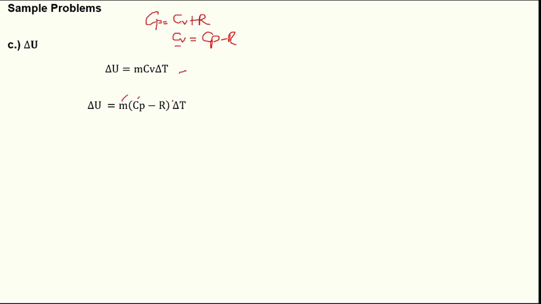So, meron kang mass, meron kang Cp, meron kang R, meron kang delta T, direct sub. So, delta U is equal to, mass natin 2.27, Cp natin 1.5469, R natin is 0.3192, delta T natin is 339.374 minus 305.2. Okay? 305 yan dapat. Kasi 305 yung ating temperature. Okay? Therefore, delta U is equal to 95.239 kilojoules.